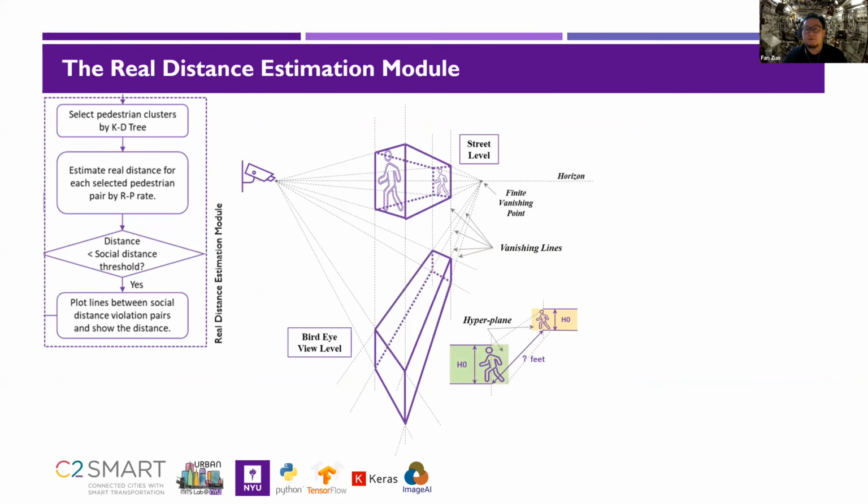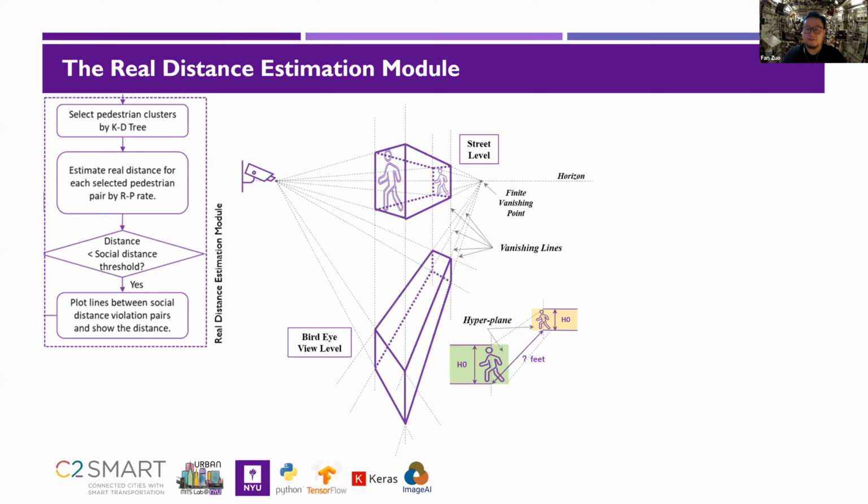Okay. So let's go to the next important part, the real distance estimation part. The major challenge of detecting the social distancing pattern from the surveillance video is the accurate measurement of the actual distance between pedestrians in images.